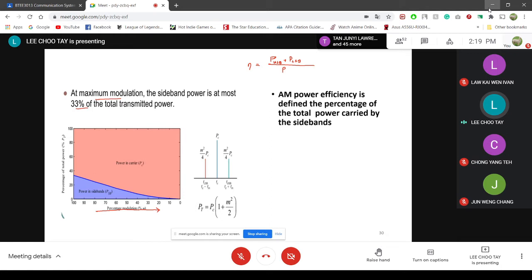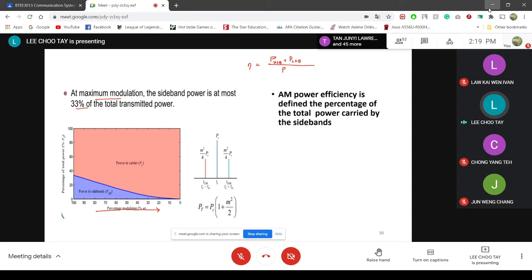So let's look at one example here, an easy one. We have a 300 watt carrier modulated to a depth of 60%. Depth of 60% means your M is equal to 0.6. Carrier power 300 means your PC is 300 watts.